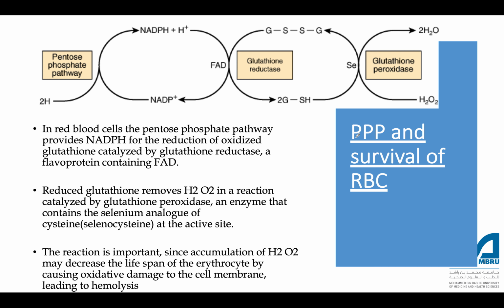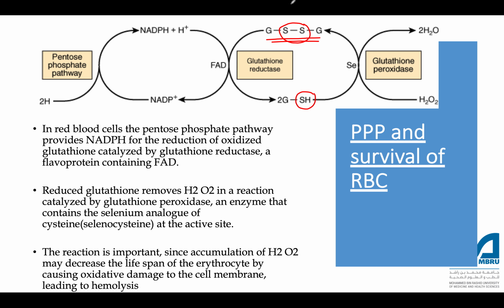Now, I kept on mentioning that there is a specific function for NADPH with regards to regulating glutathione activity. Now, glutathione, if you look at it here, is a small molecule, and by now you know that there is a disulfide bridge present in glutathione. Since it's a disulfide bridge, glutathione has to be converted to a thiol group.